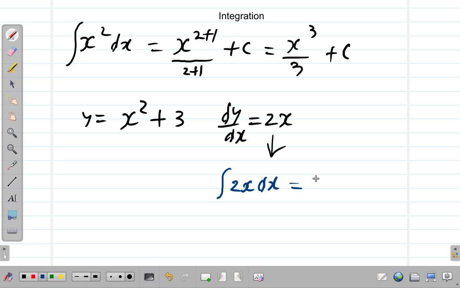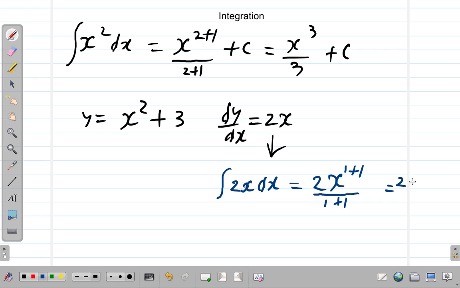What do we get? We say you have 2x, you add 1 to the old power, remember x meant x to the power of 1, then you divide by the new power. So you add 1 to the old power to get a new power, you divide by that new power. Alright, what do you get here?